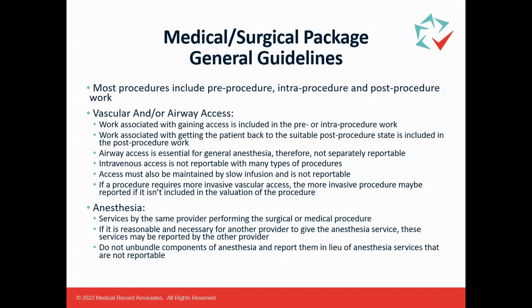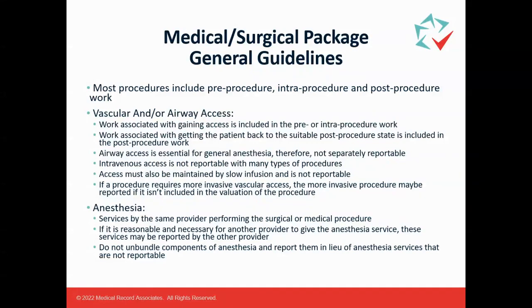We'll look at the medical surgical package, the general guidelines. Most procedures do include pre-procedure, intra-procedure, and post-procedure work. And so you want to make sure that you're not unbundling these areas when they are all included together in the package.